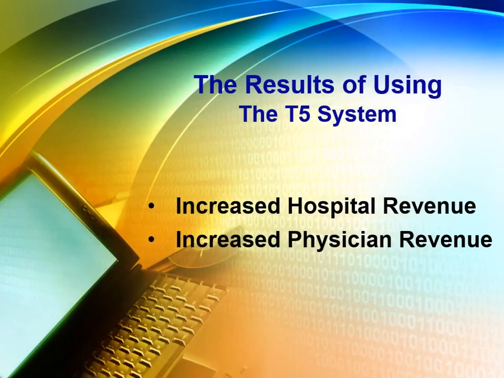It's difficult to precisely measure all the ways that hospital and physician revenue is increased. However, it's easy to predict it in 3 specific improvements. One, the decrease in left without being seen is easy to measure.